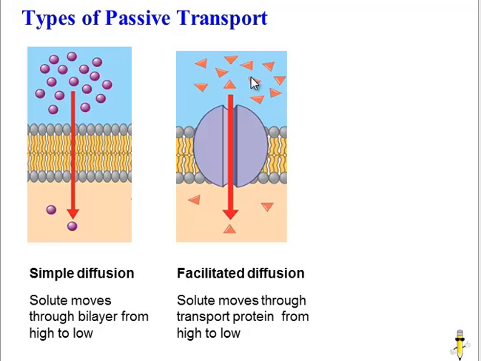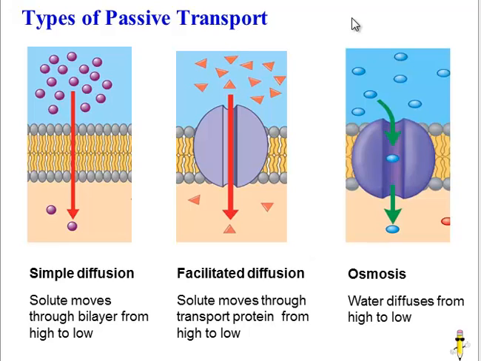Maybe these are ions or polar molecules or large molecules. And so they need help getting through the bilayer. So they're going to go through a transport protein. But note, they're still going from high to low concentration. No energy is needed. And then finally, a special type of passive transport is osmosis. This is when it's water molecules that are moving from high to low concentration.